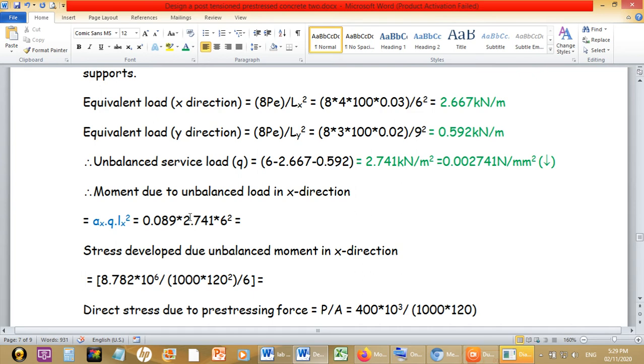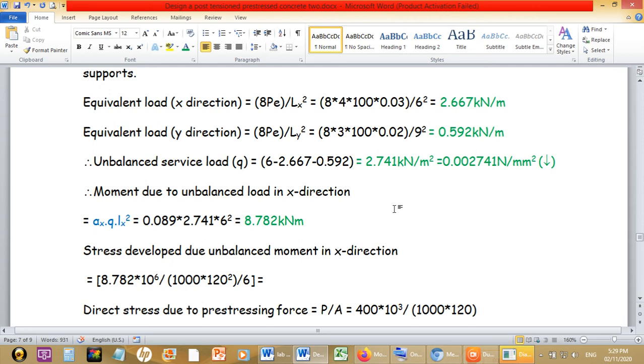So what remains is 2.741 kilonewton per meter square into Lx, which is 6, and if we do this calculation we get the answer as 8.782 kilonewton meter. So this is the moment.